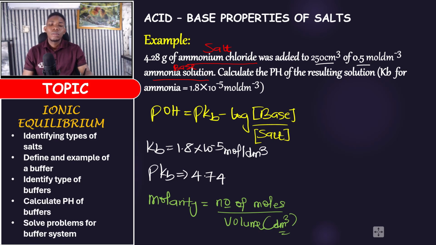Is that okay? So that at the end of the day, to get the molarity now for ammonia, what do you think is the number of moles given? 0.5 mole per dm cube. Are you sure?